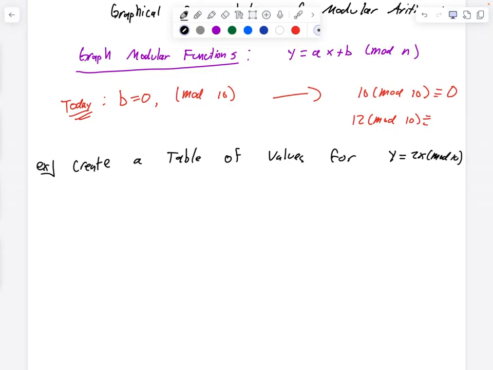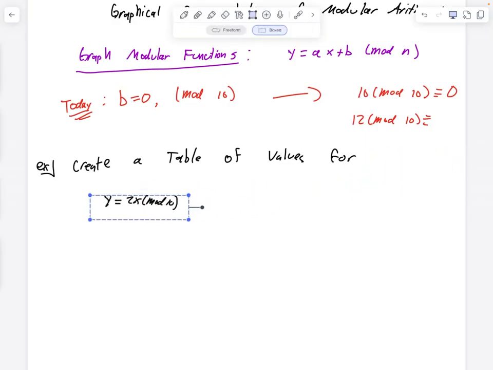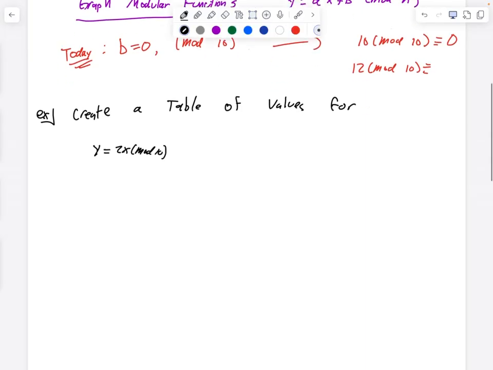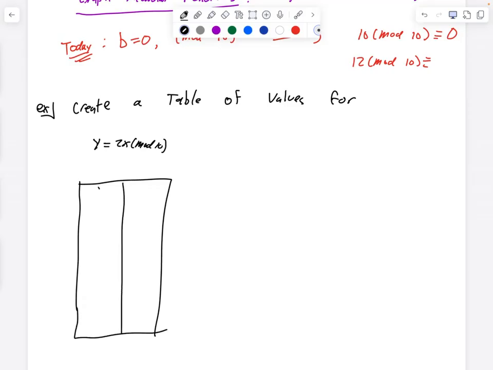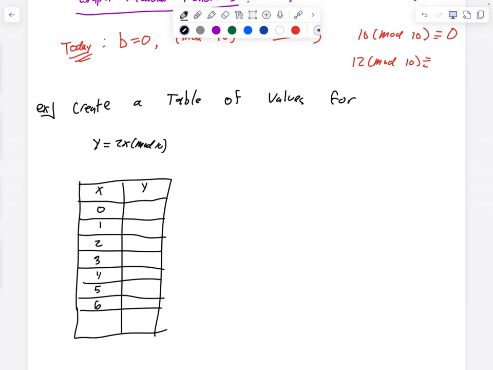Okay? 2x mod 10. So when I make my table, just like we did in our do now, we have our x, we have our y. We're going to go 0, 1, 2, 3, 4, 5, 6, 7, 8, and 9.